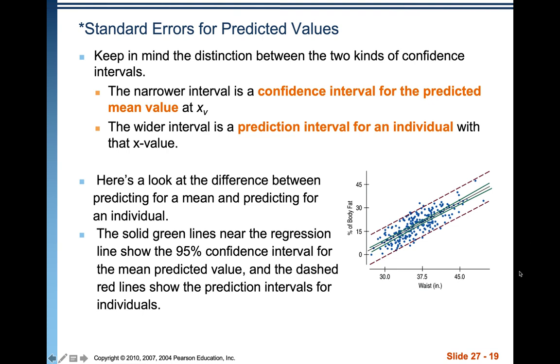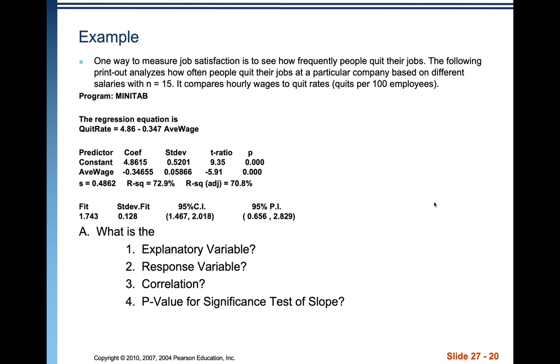The solid green lines near the regression line show the 95% confidence interval for the mean predicted value. The dashed red lines show the prediction interval for individuals. So you can see there's a great deal more error whenever you predict for individuals.